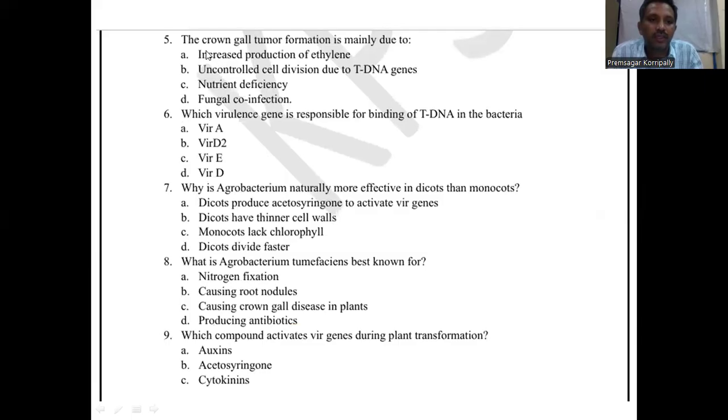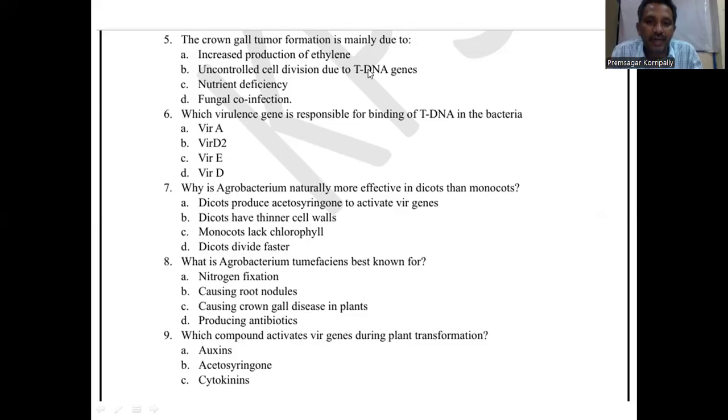The fifth question, the crown gall tumor formation is mainly due to increased production of ethylene, uncontrolled cell division due to tDNA genes, nutrient deficiency, or fungal co-infection.